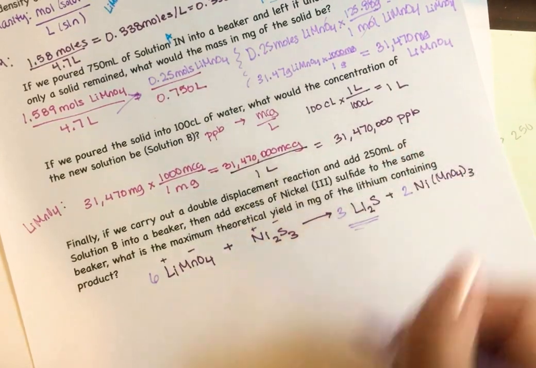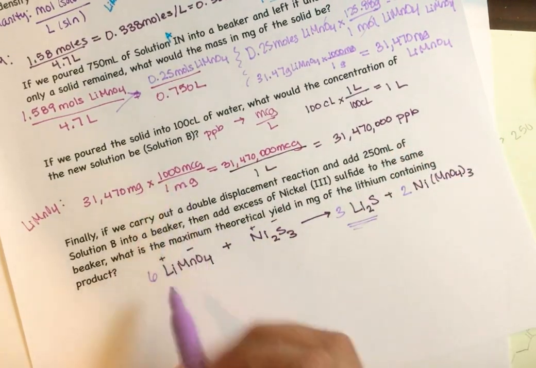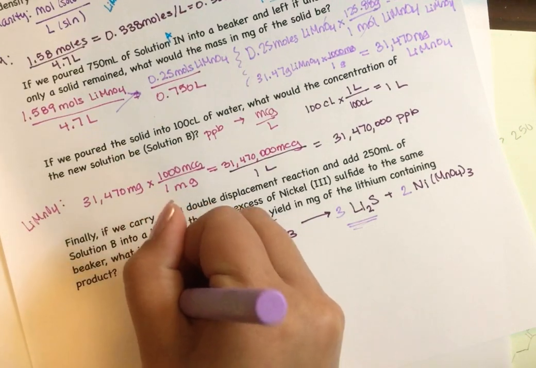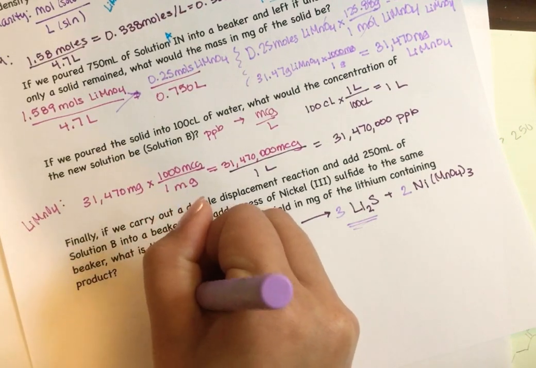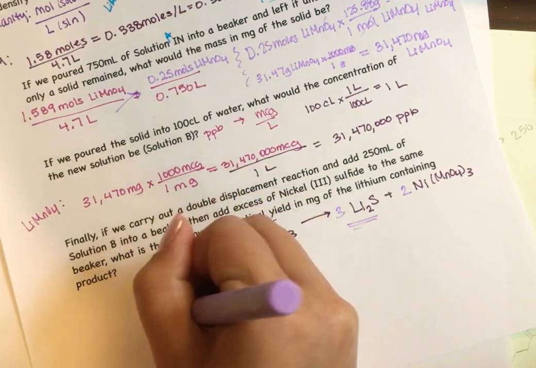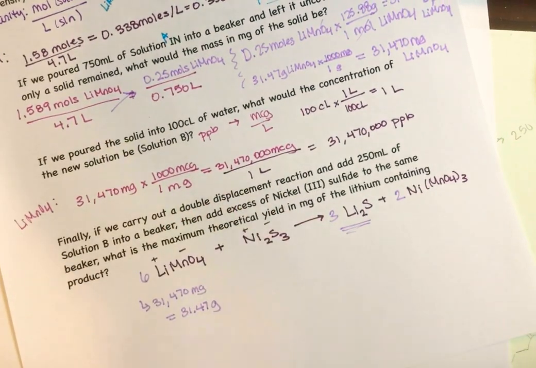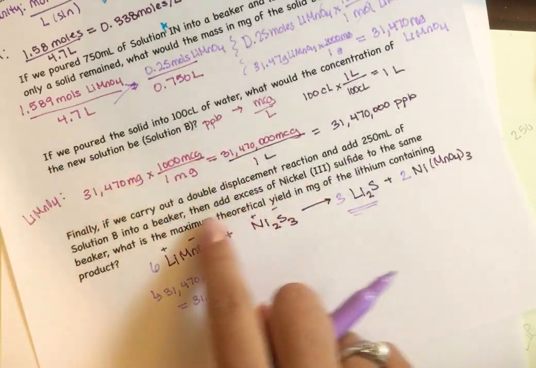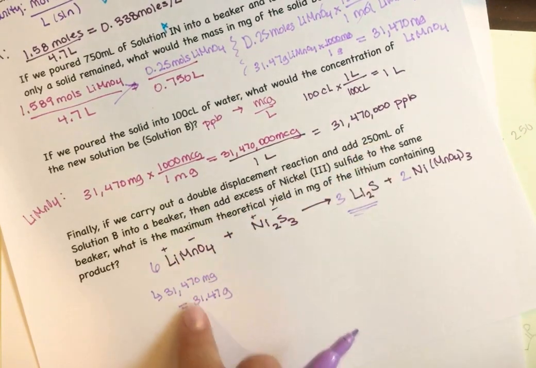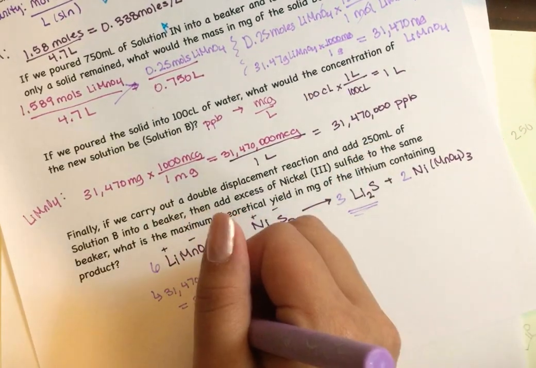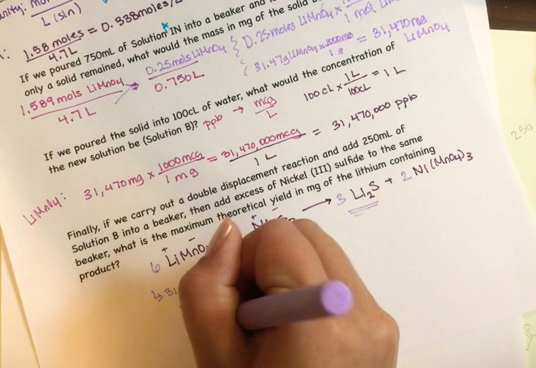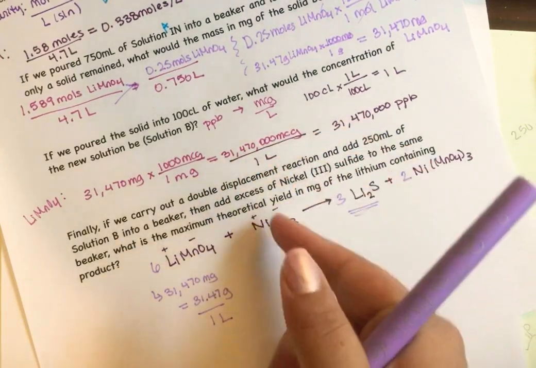this one. And we know this is solution B, so we have 31,470 milligrams of this, which is equal to 31.47 grams. But we have to remember that we only used 250 milliliters of this, and this is grams per liter of what we had here.